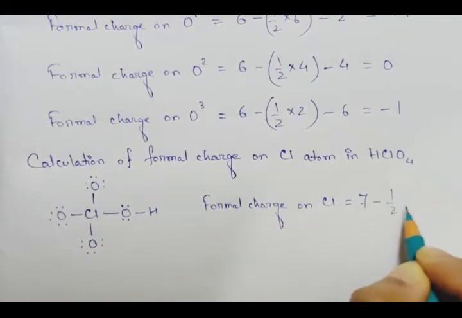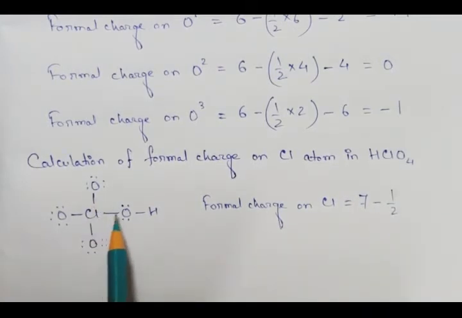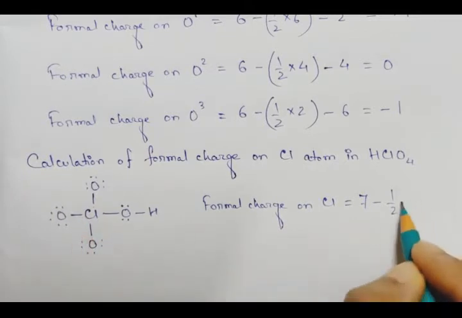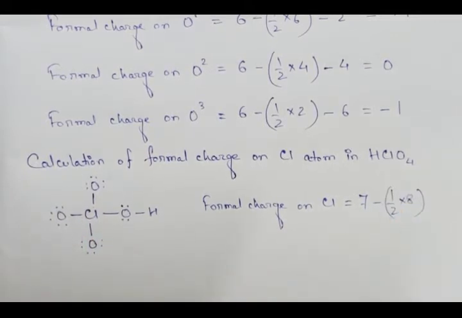Then half of the number of shared electrons. Here 1, 2, 3, 4, 5, 6, 7, 8. 8 electrons are shared, and how many electrons are not shared? No electrons remain unshared, so it will be 0. So this will turn out to be only 3. The formal charge on the chlorine atom in this case is plus 3.